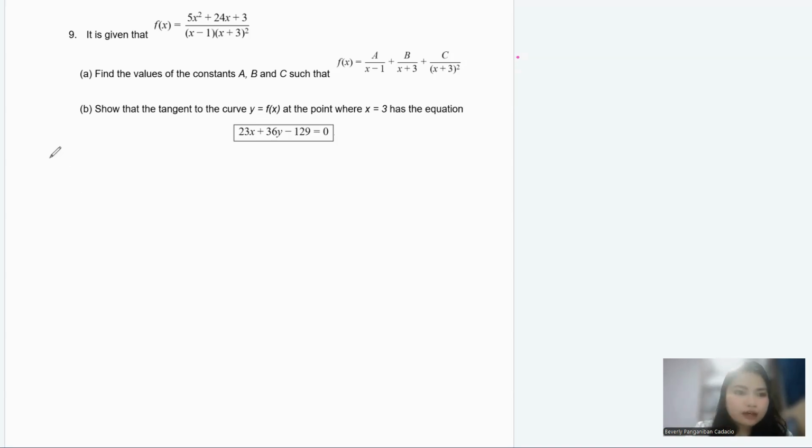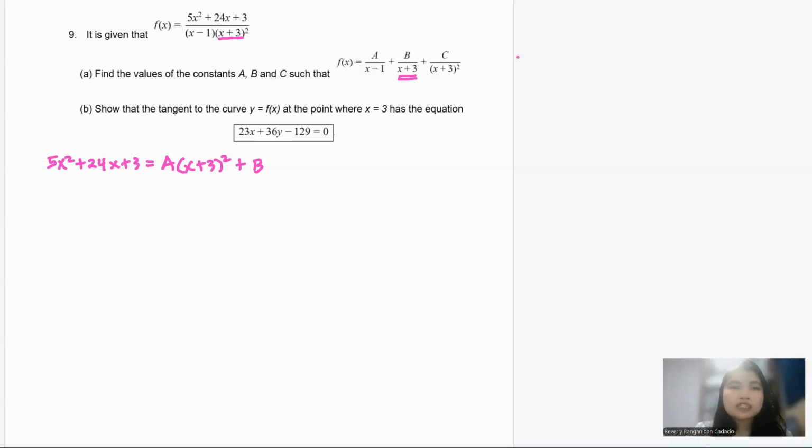Okay, so I will have 5x squared plus 24x plus 3. That will be equivalent to A multiplied by, look at this one compared to this one, which one is not there below the A: the double (x plus 3). So you need to multiply that by both. Now for your B, you already have a single (x plus 3) here.